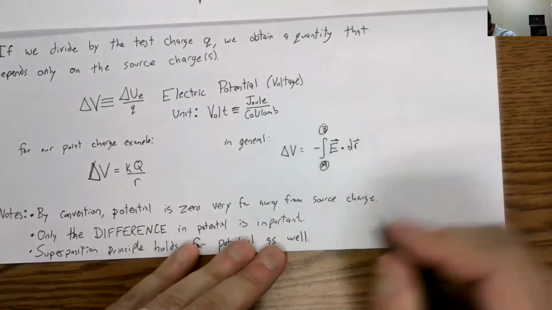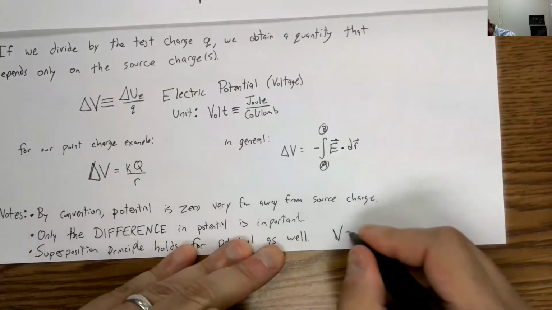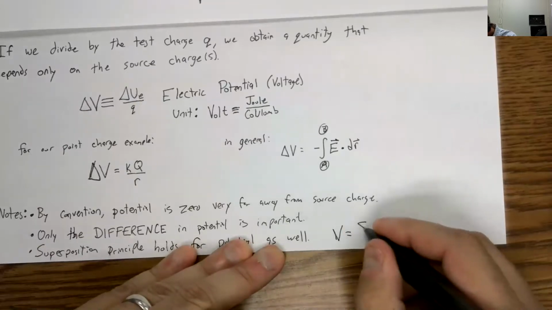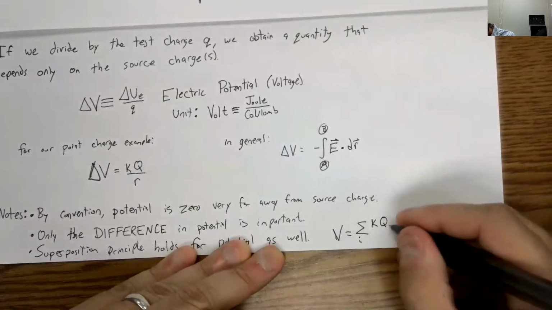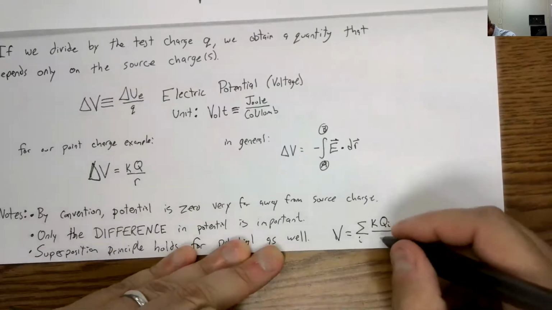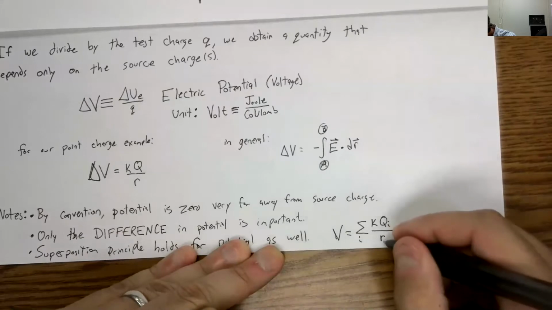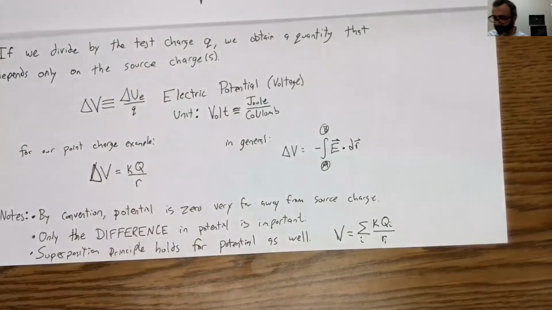So that means if you have more than one source charge, you can find the potential because it's the sum over each source charge of K times that source charge over its distance from the point we're looking at. Okay, so that's it for the potential lecture today.